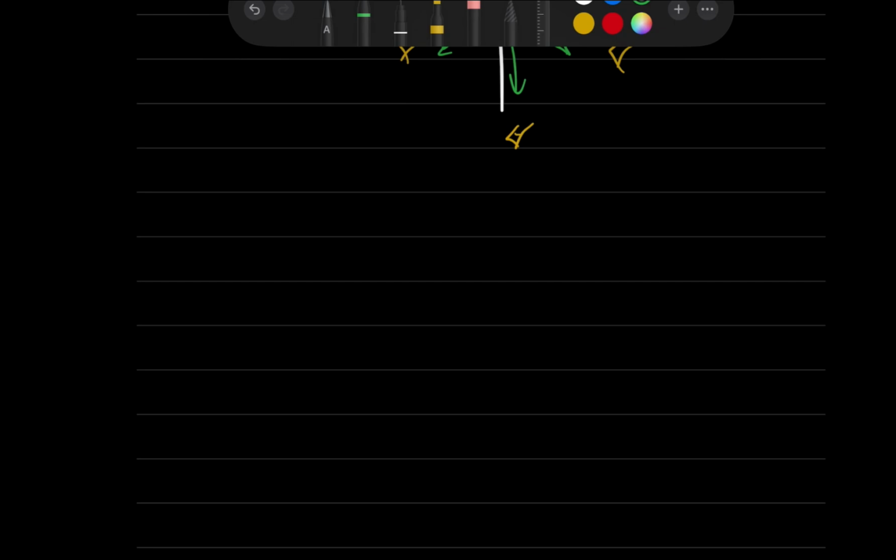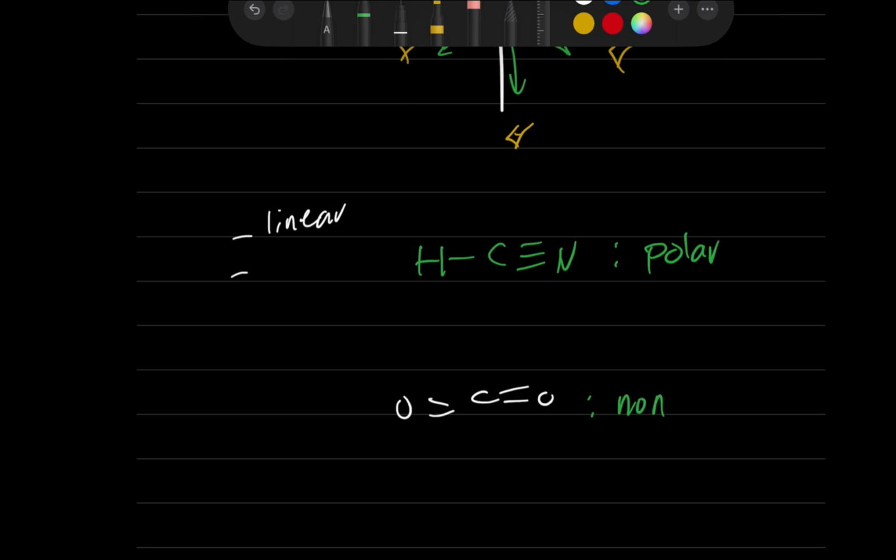As we said, the linear shape should be symmetrical. What do I mean by this? I just want to give this example, like H, C triple bond, and this is a weak acid. It's linear, but in addition to being linear, you should have the same dipoles that cancel out each other. If you compare this one with this, both are linear, but the HC in here is polar, and this is nonpolar.